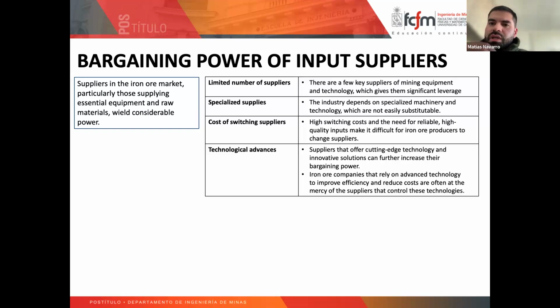But maybe in the long run, we have to be careful with this trade, and you have to do a strategy with this supplier, with this provider, for the long term, to provide the equipment and to maintain the relationship with these companies too. I don't know.